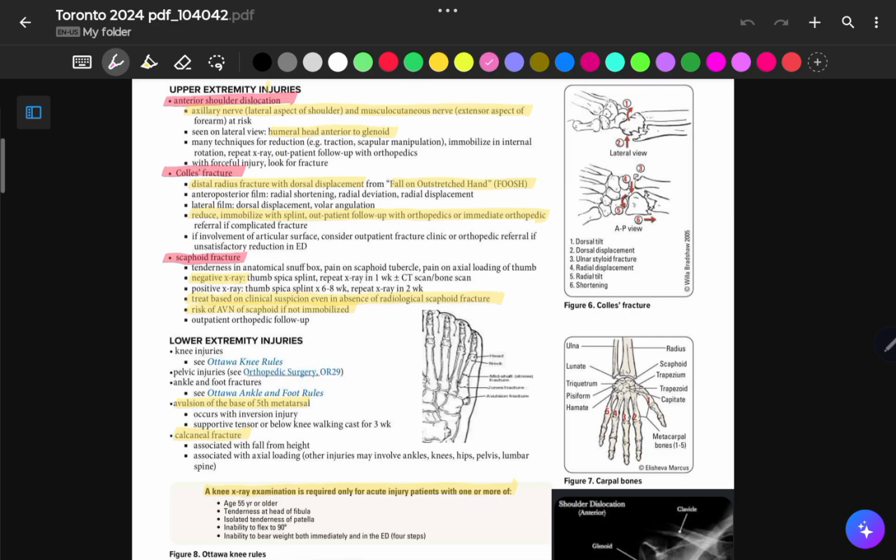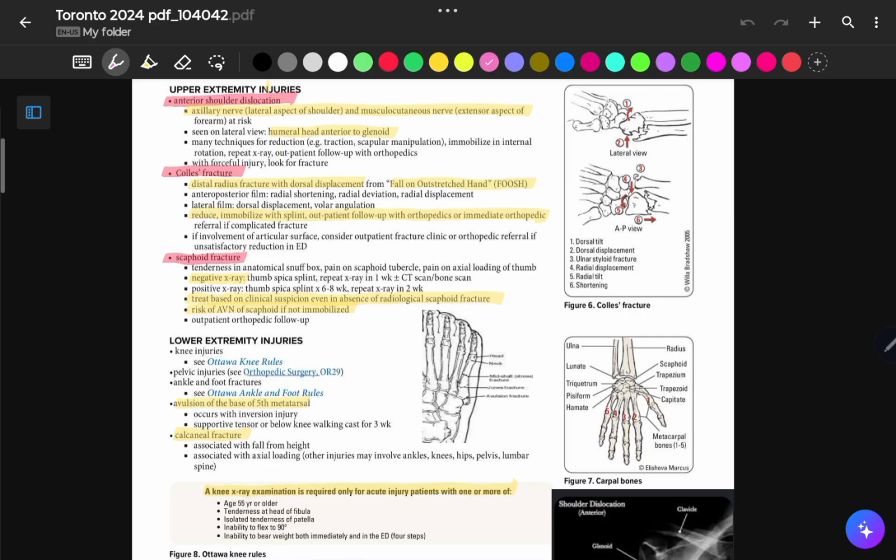If the X-ray is negative, it doesn't mean the chance of a scaphoid fracture is zero. No. If you have a negative X-ray, you will place the patient in a thumb spica splint and repeat the X-ray in 1 week. If you have a CT scan or bone scan available, you can send them for a bone scan immediately.